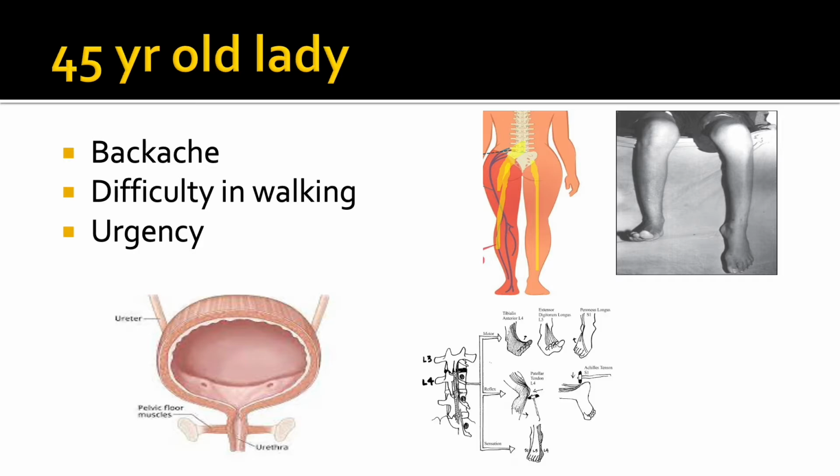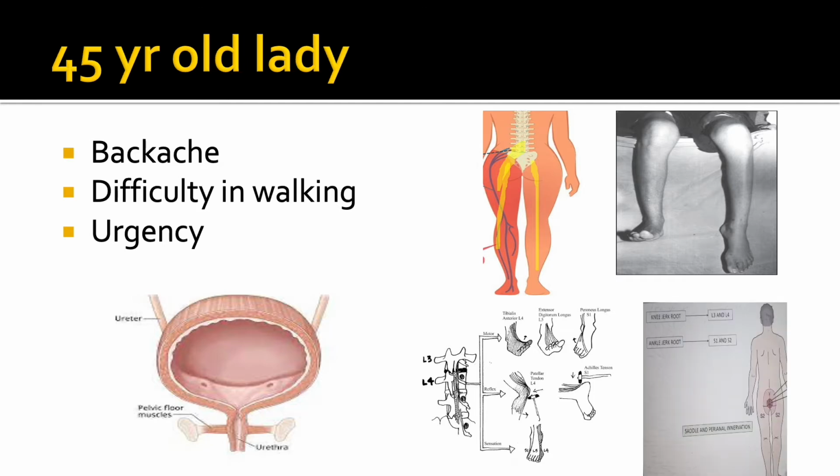And on examination, it was found that she had wasting of one leg. The left leg was wasted. She had difficulty in dorsiflexing the ankle. And the reflex examination showed there is absence of ankle jerk and absence of the knee jerk.